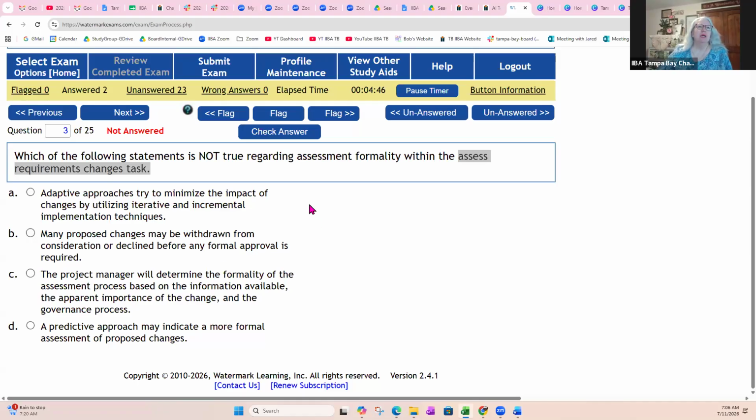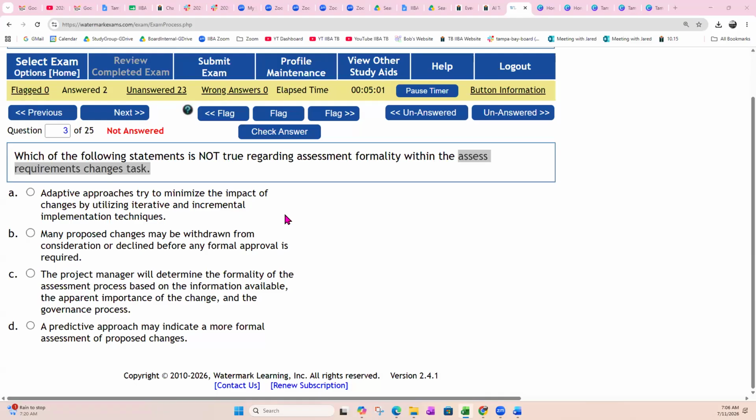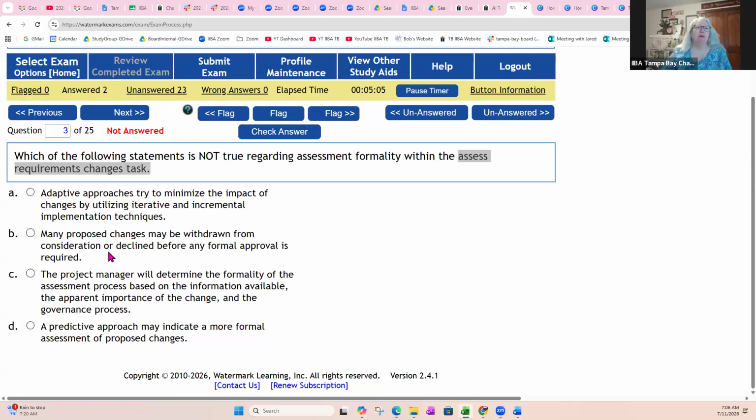Possible answers. Adaptive approaches try to minimize the impact of changes by utilizing iterative and incremental implementation techniques. Let's just start there. Is that one true or not true? True. Okay, that one's true. Many proposed changes may be withdrawn from consideration or declined before any formal approval is required.